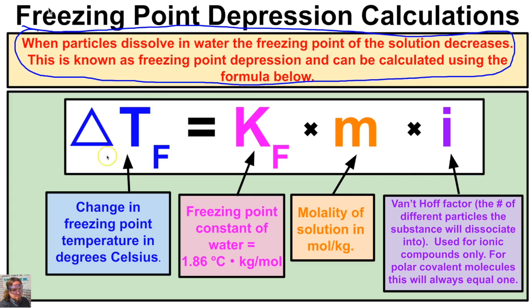To get the change in the freezing point temperature in degrees Celsius, we simply take the freezing point constant of water, if we're talking about water as our solvent, which is equal to 1.86 degrees Celsius kilograms per mole, times the molality of the solution, times the Van 't Hoff factor again.